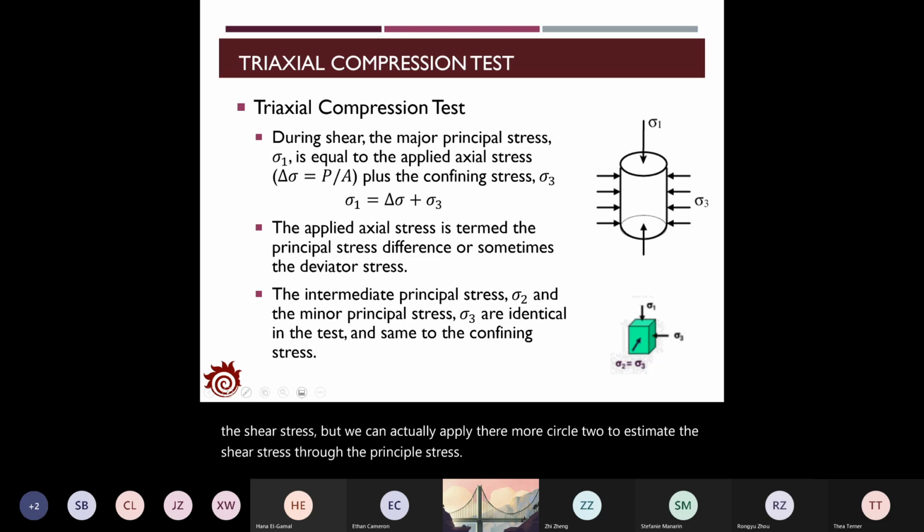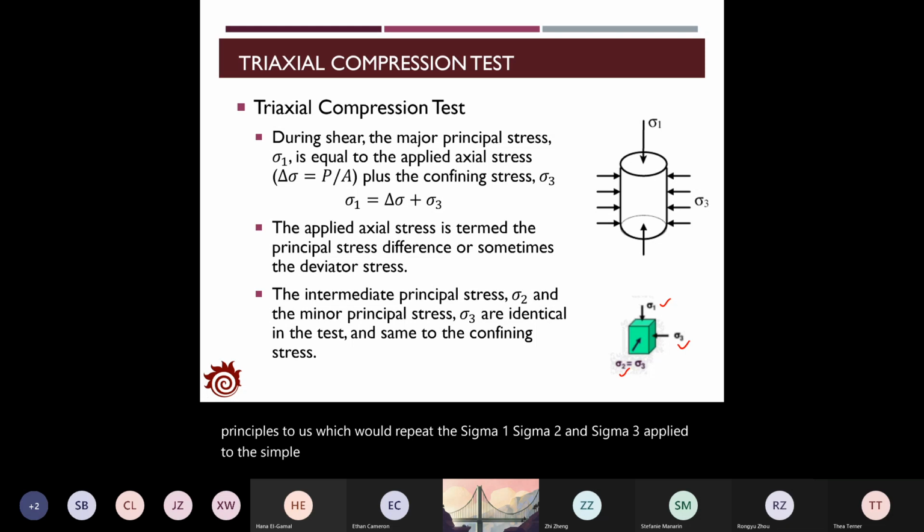So with the design of the triaxial compression test, we can find out the major principal stress, intermediate principal stress, and minor principal stress, which would be sigma 1, sigma 2, and sigma 3 applied to the sample.